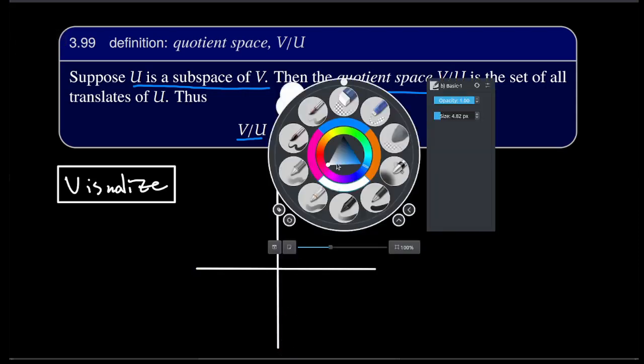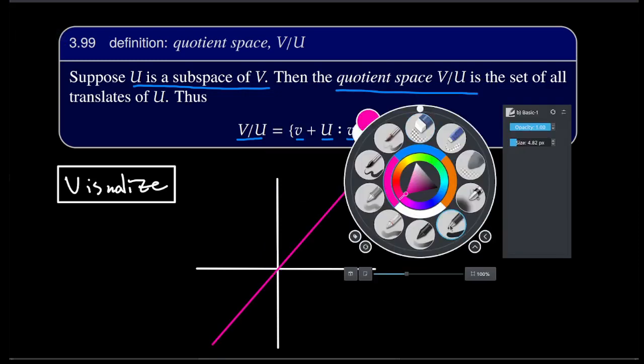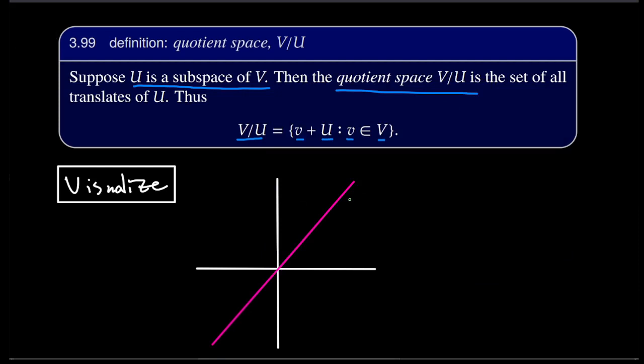Okay, so we'll grab ourselves a subspace. All right, let's call this guy U. And notice U is equal to 0 plus U, since 0 is a vector, and if you add it to everything in U, you just get U back. This is just U, okay.